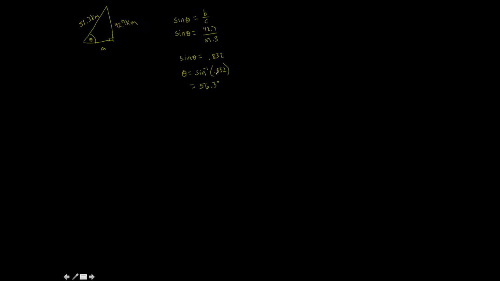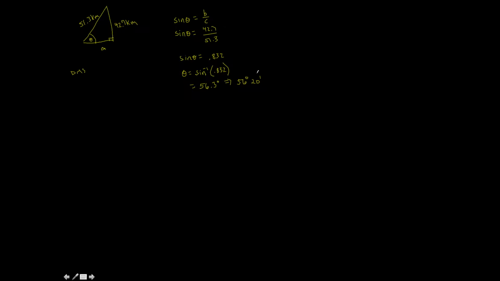So for this particular problem, let's say the directions wanted it in degrees, minutes, seconds. Then we would have to change this decimal degrees back to degrees, minutes, seconds, which would be 56 degrees, 20 minutes.